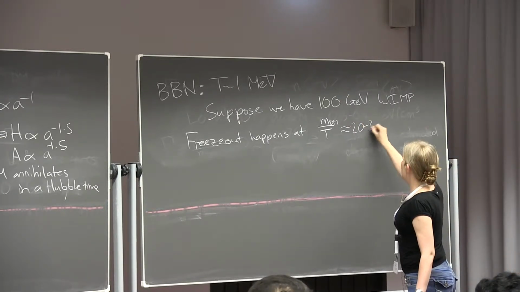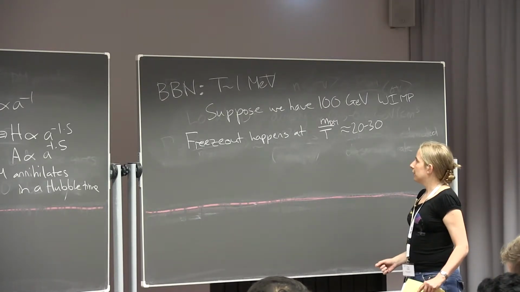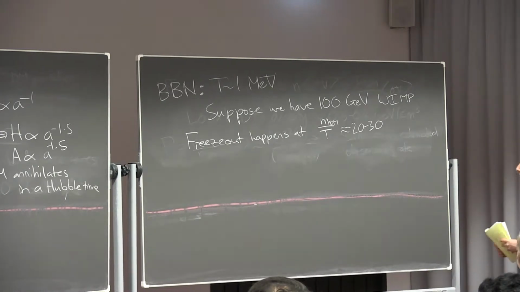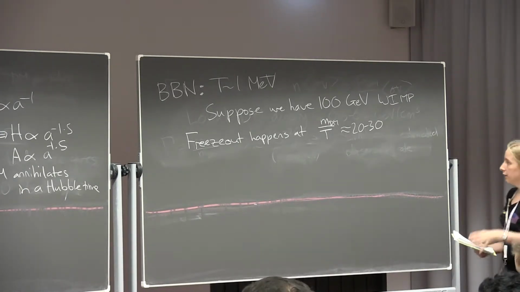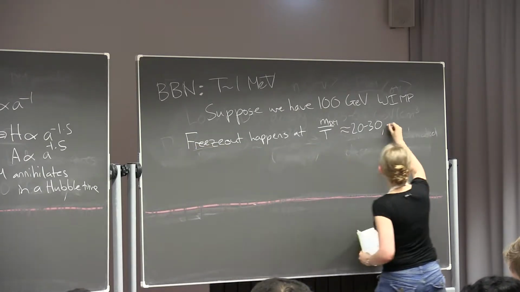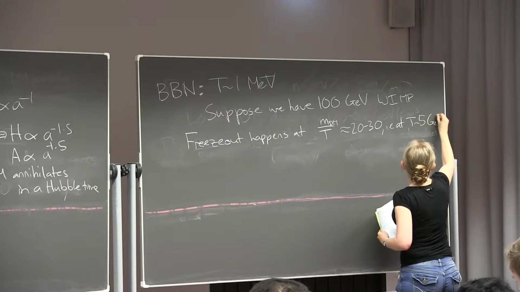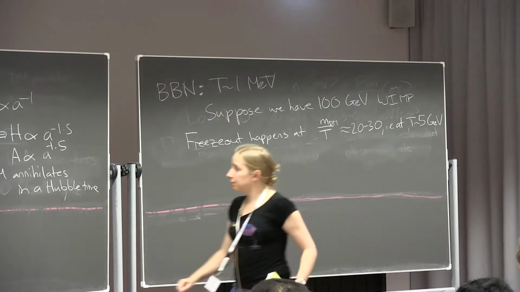Actually, for WIMPs, the ratio is usually more like 20 to 30. Do I have that the right way around? Yep, that's right. T is smaller than M_DM by a factor of 20 to 30. So freeze out for this candidate would have happened at a temperature of about 5 GeV.